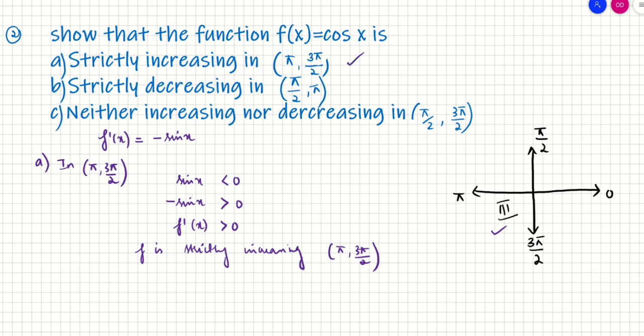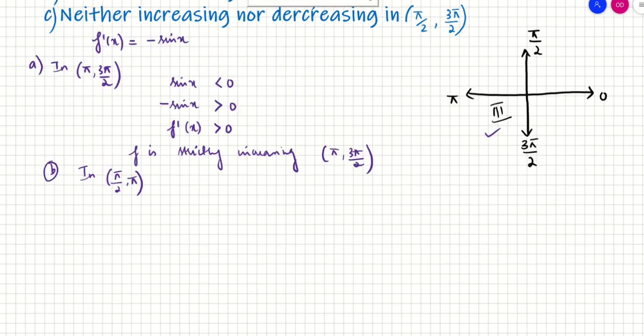Now, let's see the sub-question B. We have the interval pi by 2 to pi. In the interval pi by 2 to pi, we observe that sine is positive. So, we have sin x greater than 0 in the second quadrant.